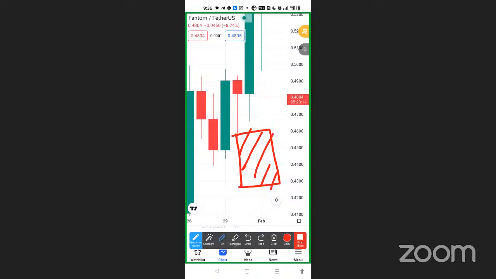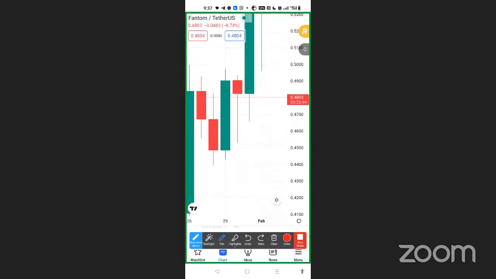The red candle starts at the top, sorry. Where it starts from is called the open, and it closes at the bottom. Where it closes, we call it the close. Then this we call the low, and this we call the high. This is the shadow, right?